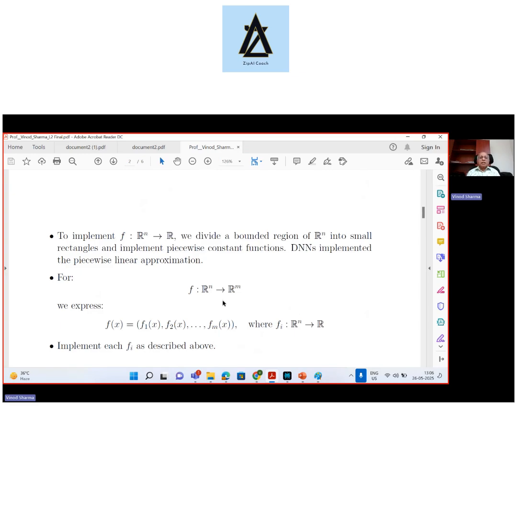So this overall function can be implemented by m such neural networks. So thus we have shown that any piecewise continuous function from R^n to R^m can be approximated as closely as we wish by a neural network.